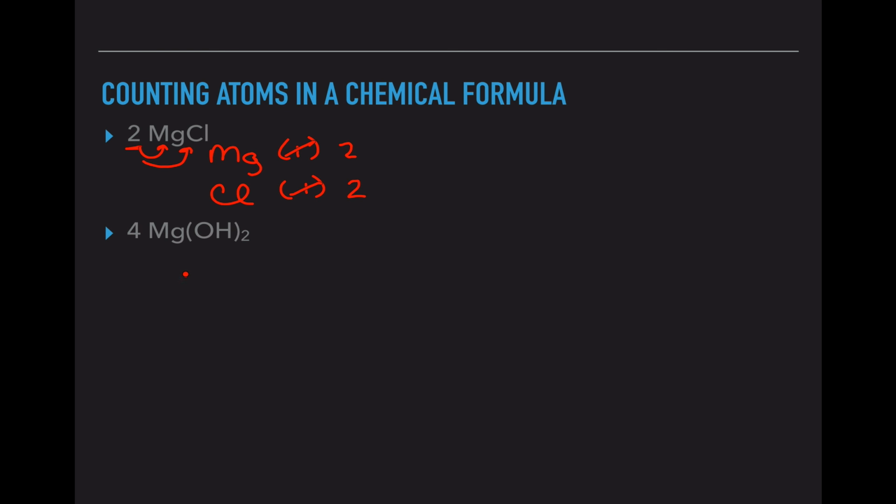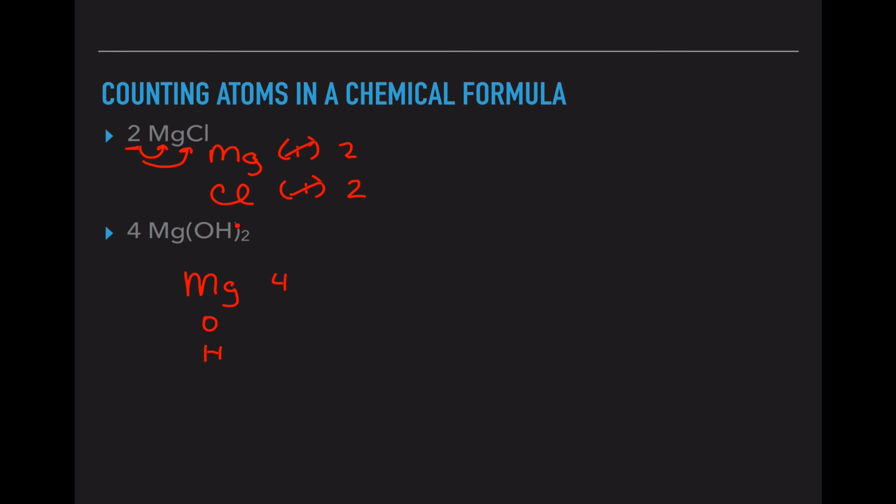So for this second example, we have Mg, O, and H. According to this chemical formula, there's only one Mg present in the basic chemical formula. But since there's a 4 outside, we actually have 4 magnesiums in this substance or in this sample.